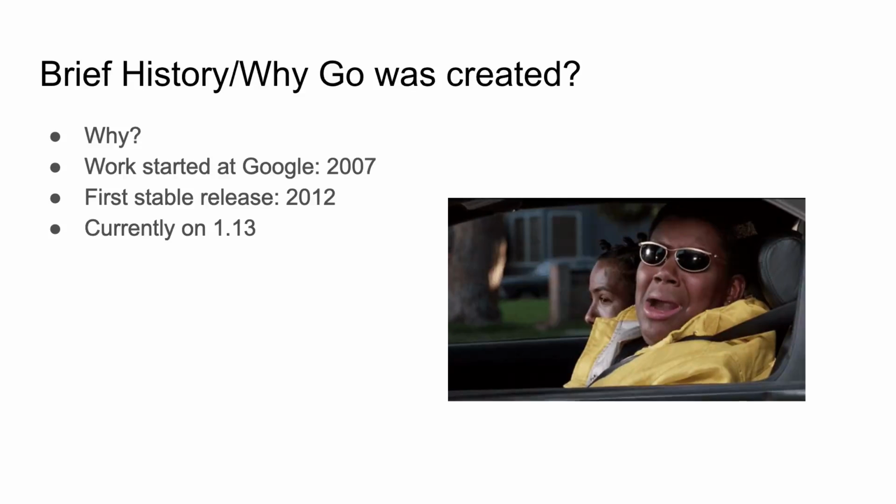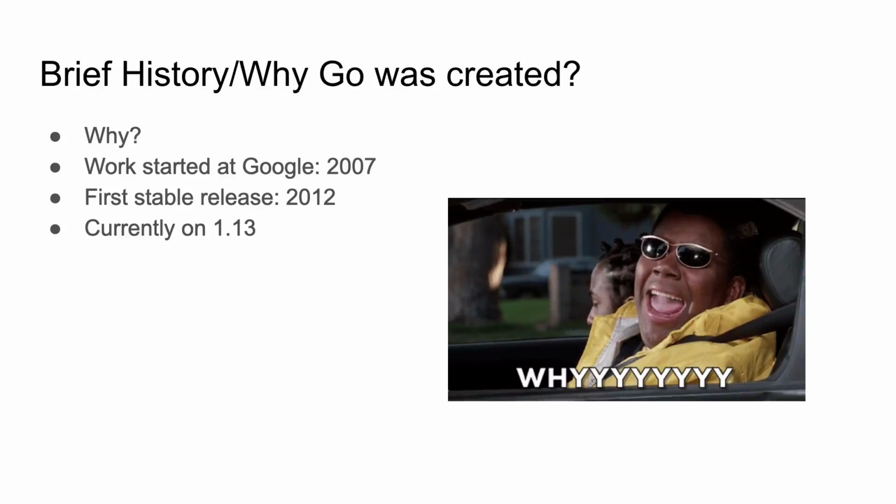But ultimately, they wanted a programming language that had multi-threading at the front of mind. And so they started working on the language in 2007, and ended up releasing a public beta in 2009, and the first stable release was in 2012. The project was also open source then. And we're currently on version 1.13.